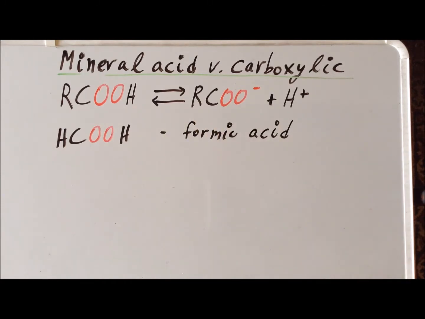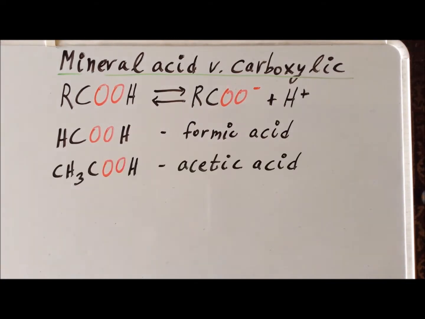The IUPAC name for this is methanoic acid. The next most complicated carboxylic acid has an R group that is a methyl group. The IUPAC name for this is ethanoic acid, but is commonly referred to as acetic acid. Acetic acid is the active ingredient in vinegar.